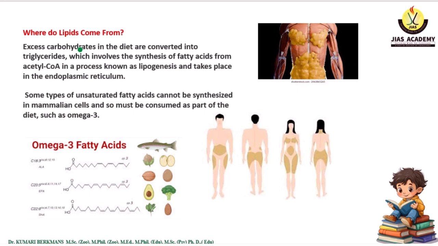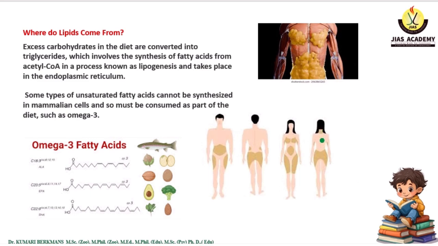Where do lipids come from? Excess carbohydrates in the diet are converted into triglycerides. Okay, what you are seeing is that excess carbohydrate is converted into triglycerides and stored in the body. These are the various areas where it is stored in the body. Okay, and some types of unsaturated fatty acids cannot be synthesized in mammalian cells.